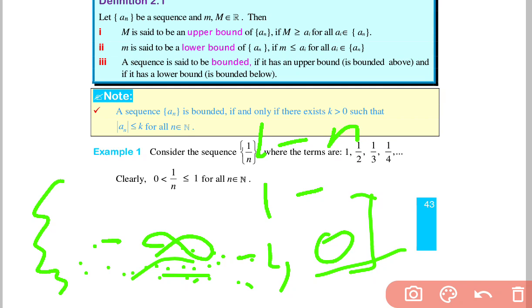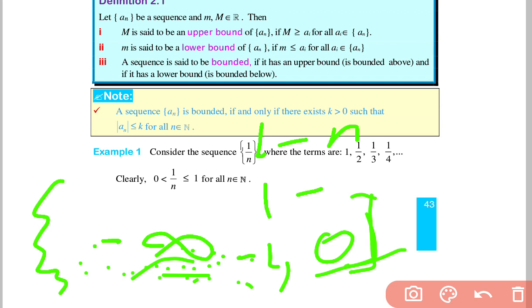So this sequence is unbounded because it only has the upper bound. It doesn't have a lower bound. Pay attention here. If a sequence is bounded, it must have both bounded above and bounded below.